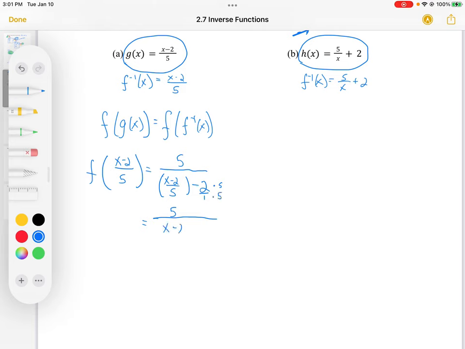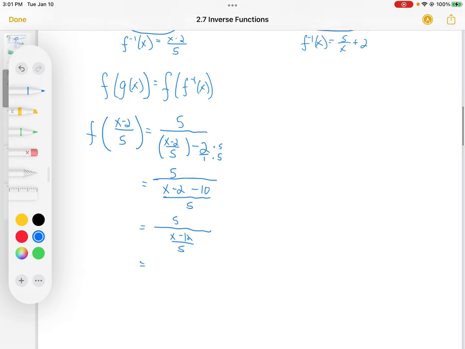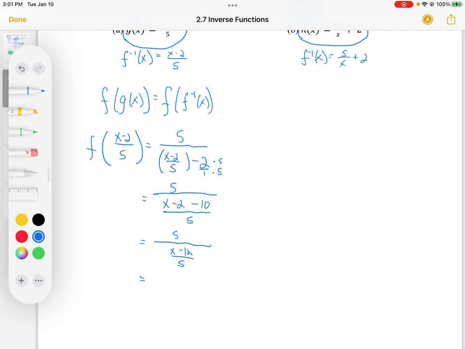So this becomes x minus 2 minus 10, all over 5. Then I can simplify this to x minus 12 over 5. Now, dividing by a fraction is the same as multiplying by the reciprocal.